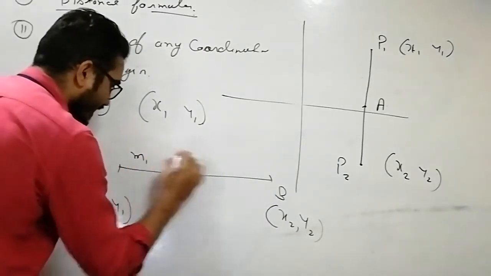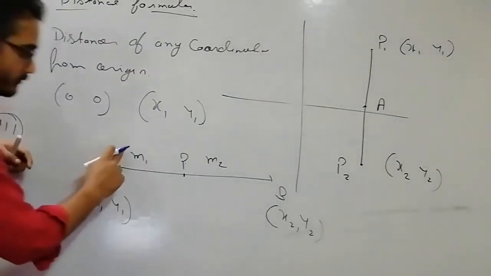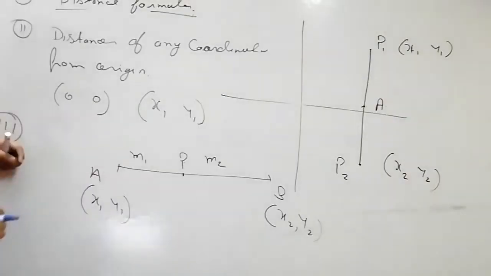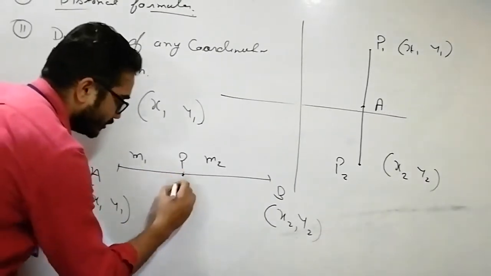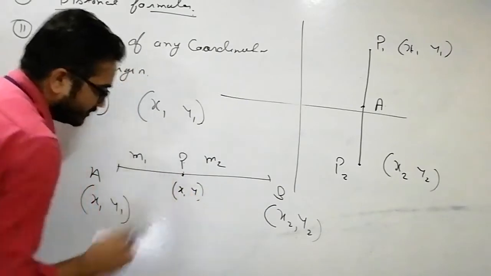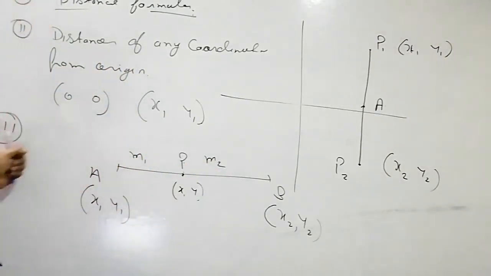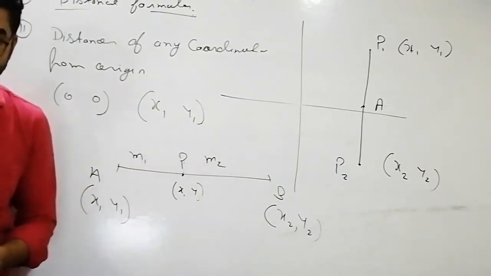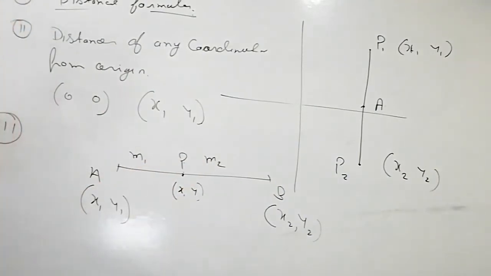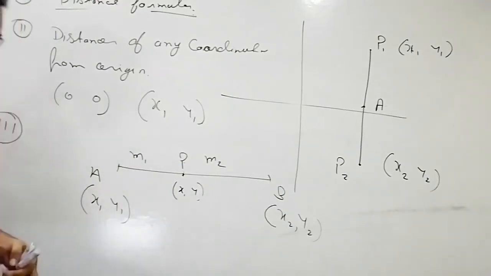Suppose that ratio is m1, m2. Then we have to find the coordinate of this. Suppose the coordinate of point P is x and y. So this is what is called the section formula, which we are going to learn in this chapter. How to find that and what is the formula of that, we'll know.